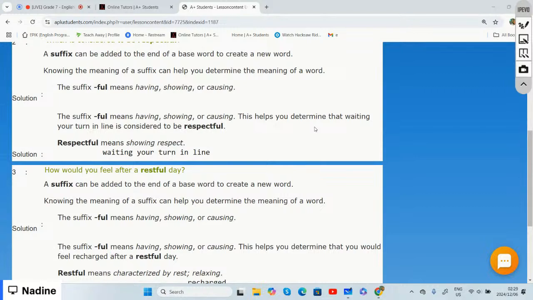How would you feel the next day after you had a good and restful day? Or it is Saturday and you are just not doing anything, you're just resting. How would you feel the next day? How would you feel after a restful day?